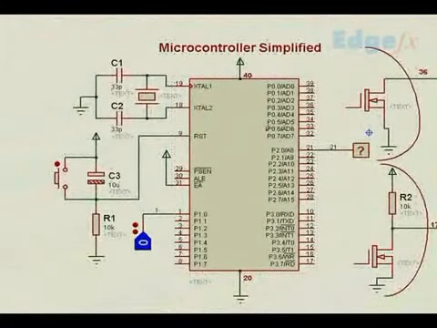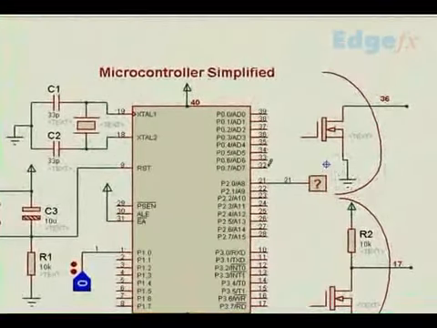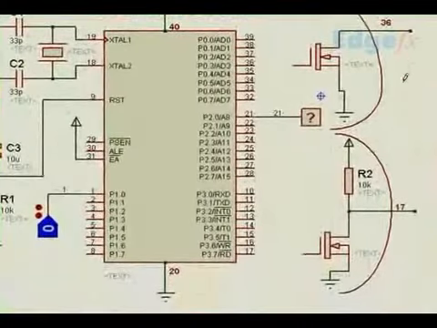This happens only with port 0, not for these three ports. These three ports are all pulled up like this. So this is the pull-up arrangement as far as port 0 is concerned. It is sometimes necessary to have an open drain situation that you can use for your purpose.